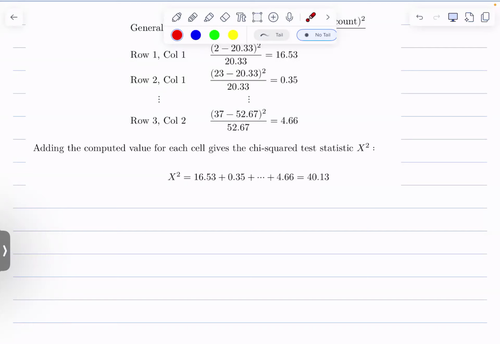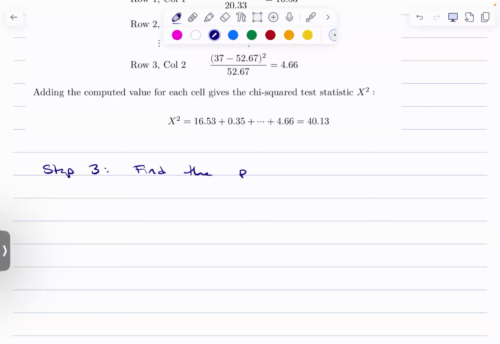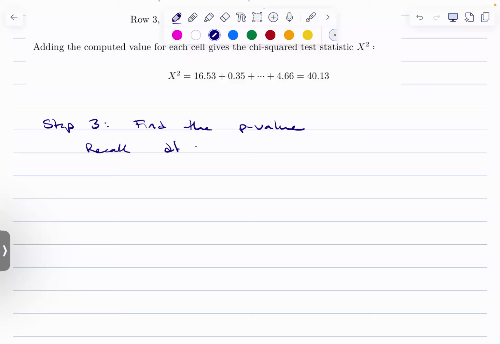Let's see here. Step 3, find the p-value. Recall, the degrees of freedom is 3 minus 1 times 2 minus 1 in this case.